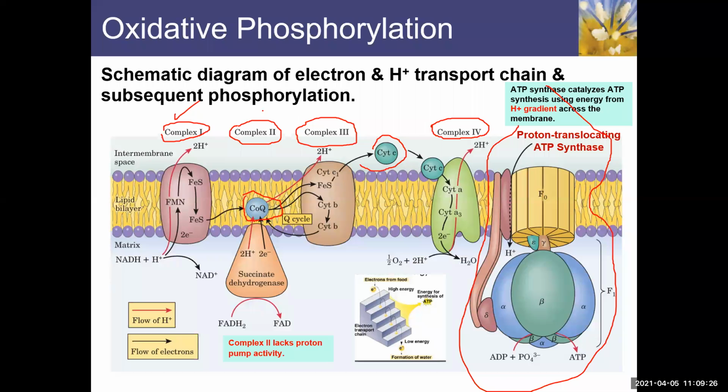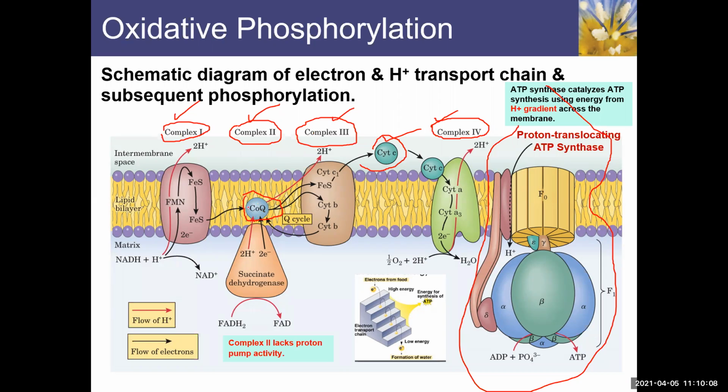While these complexes cannot move here and there, because they are integral membrane proteins. If you remember, we spoke about integral membrane proteins last semester, chapter number 3. That is why they are stable at one place. Complexes 1, 2, 3, and 4 cannot move. The only ones that move are COQ and the other electron carrier, cytochrome C. So they are called the mobile carriers, present in between these complexes.